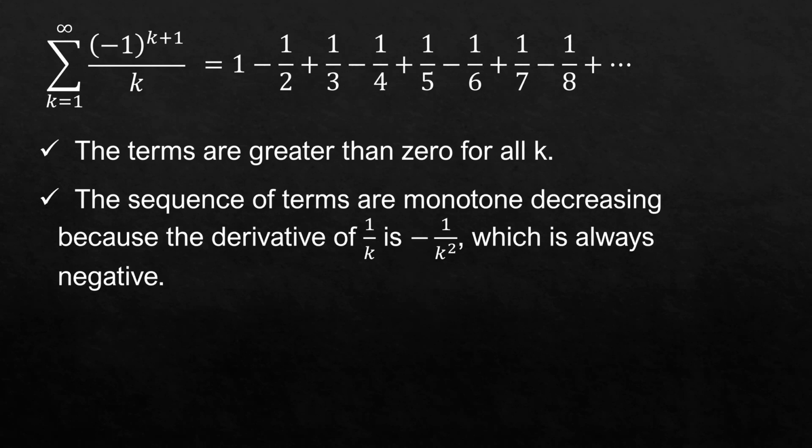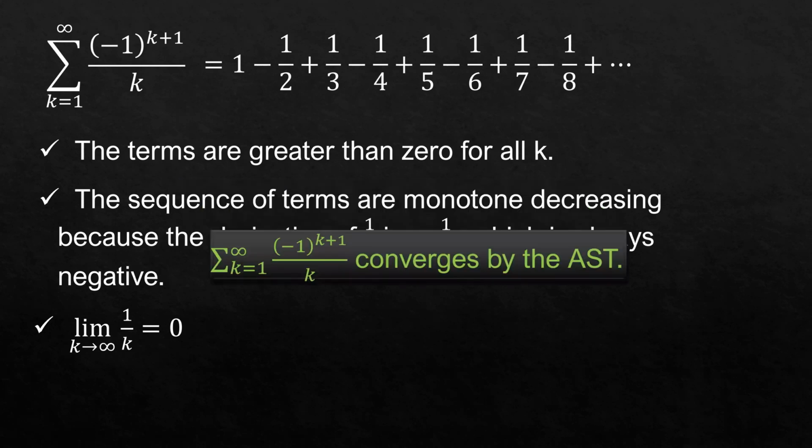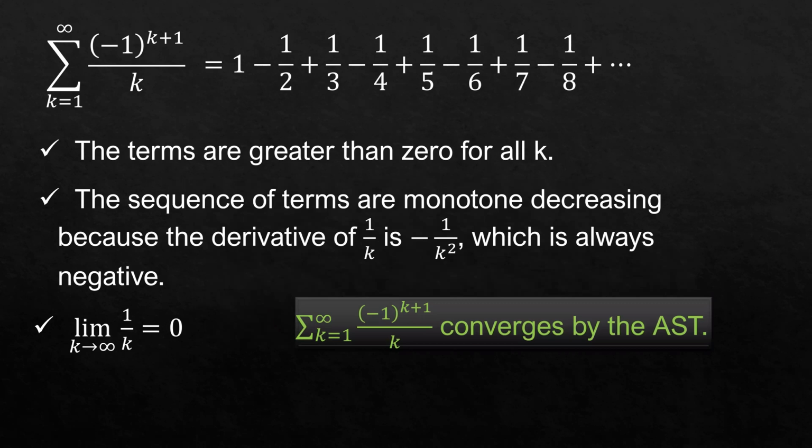The sequence of terms is decreasing because the derivative of 1 over k is negative 1 over k squared, which is always negative. Okay, and the limit of 1 over k is 0. So all three conditions are met. The alternating series test suggests that this alternating harmonic series converges, right? So remember, the harmonic series diverges, but the alternating harmonic series converges.